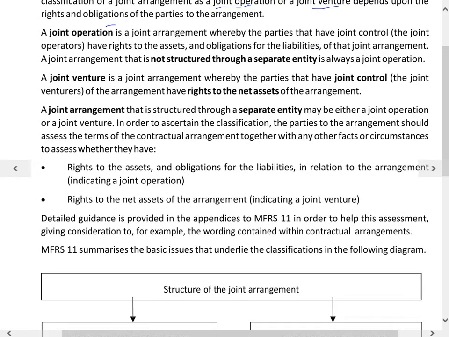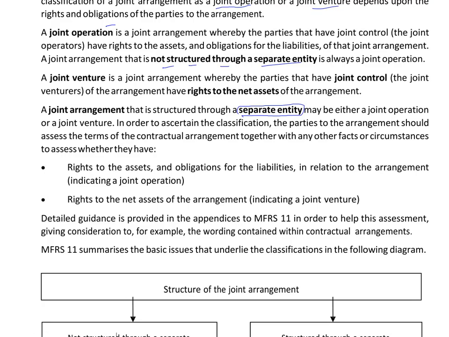For joint operation, it is the rights to the asset, not structured through a separate company. However, if it's structured through a separate company, then we have to look at the agreement. From the agreement, we will decide is this a joint operation or is it a joint venture? Because treatment will be different.